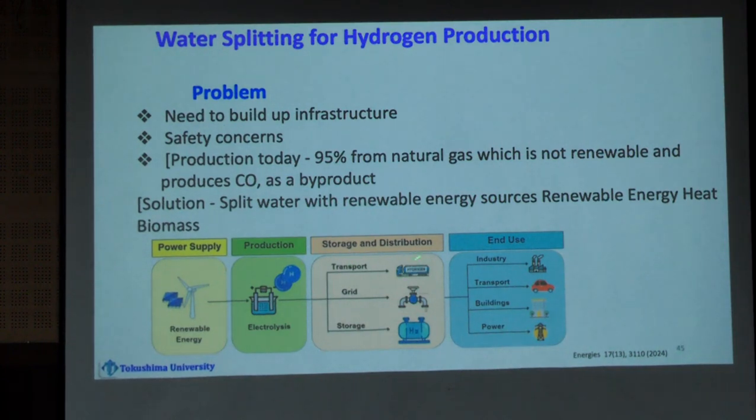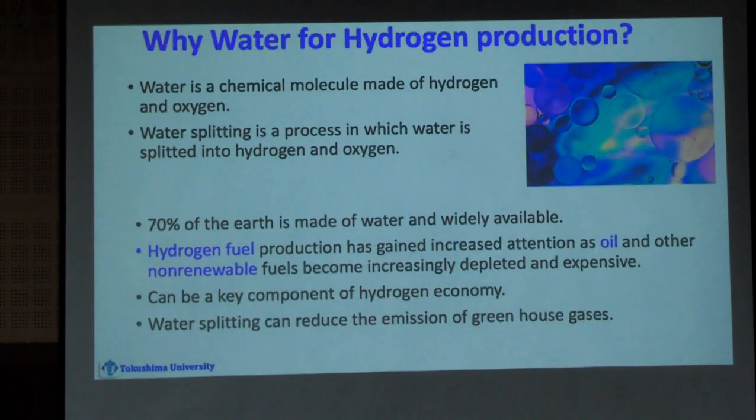So you can store and use it later on also. That's why this hydrogen production is important. And once we succeed in this hydrogen production, then it can be used in various industries or various applications.